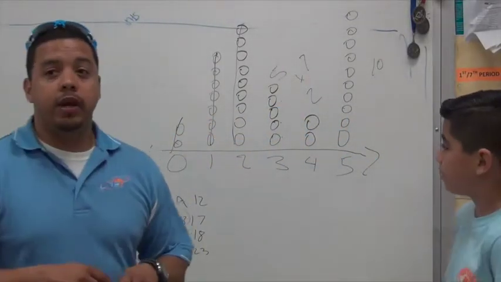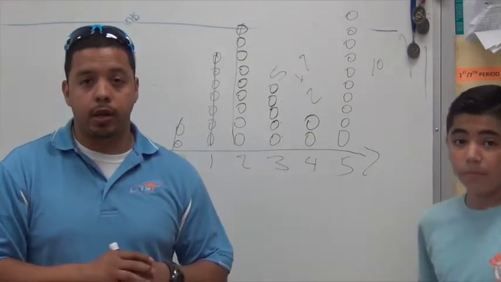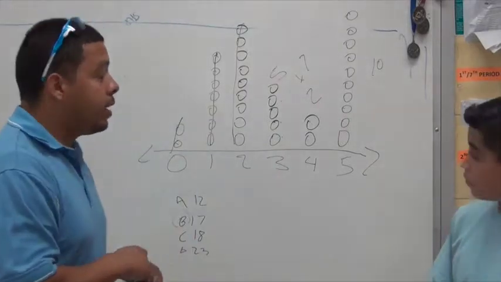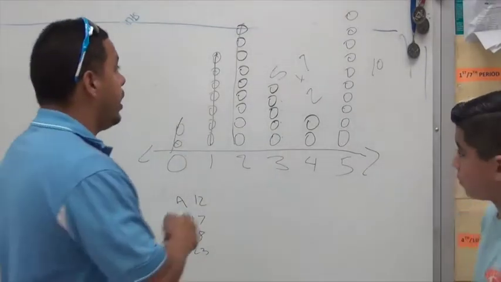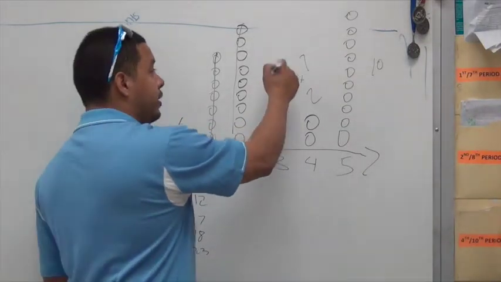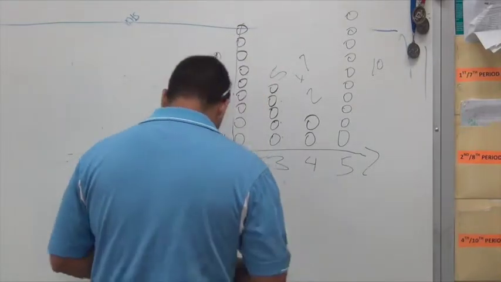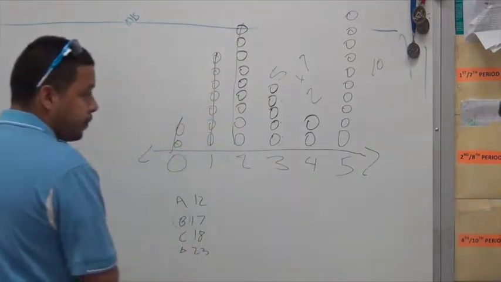Explain to me how you solved the problem before I actually had him come up here. And one of the things he said, most of the time people thought that this was not people. They thought that this was the amount of cups. So what he did is he knew that this, let me do it in a different color.